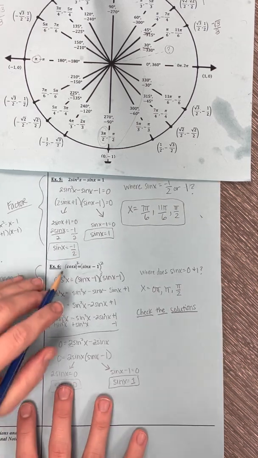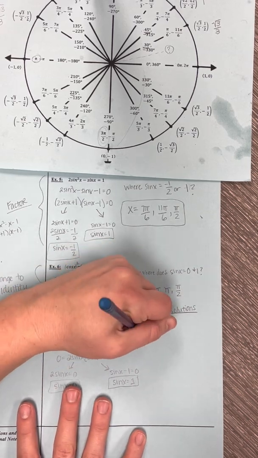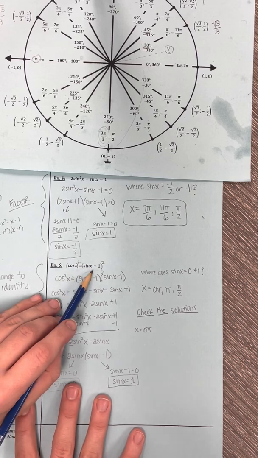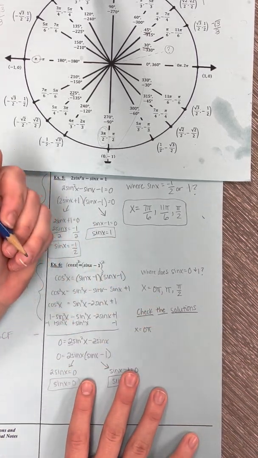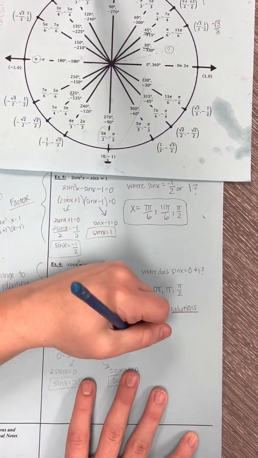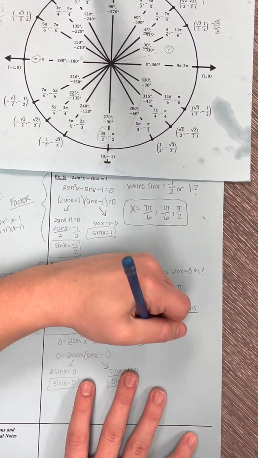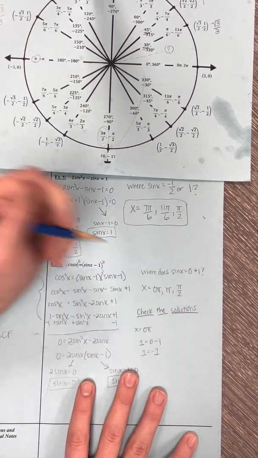So we're saying that if x is 0, that the cosine x is equal to the sine x minus 1. So at 0, cosine of 0 is 1. And they're saying that 1 is equal to 0 minus 1. That means that 1 is equal to -1.